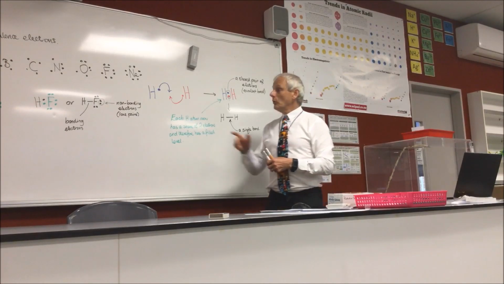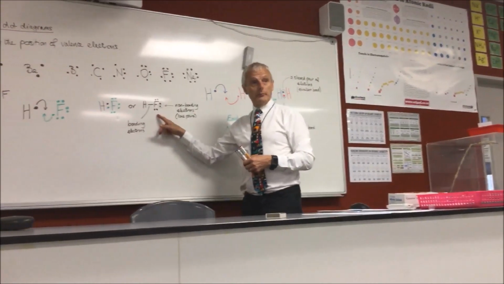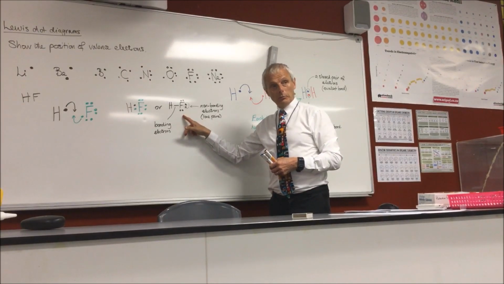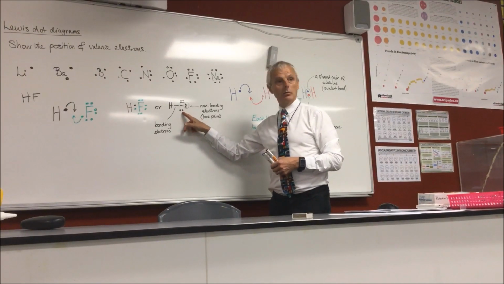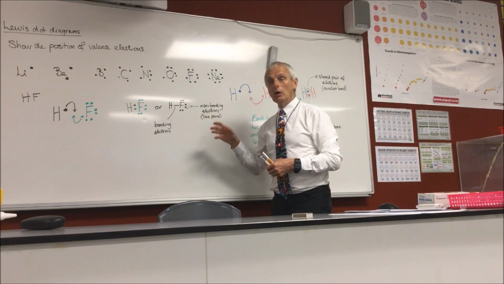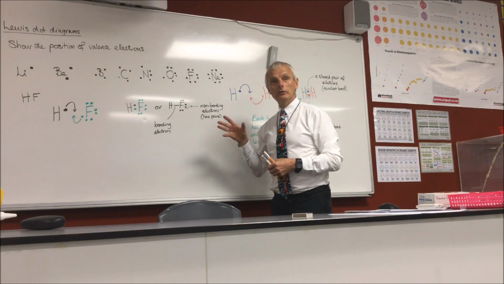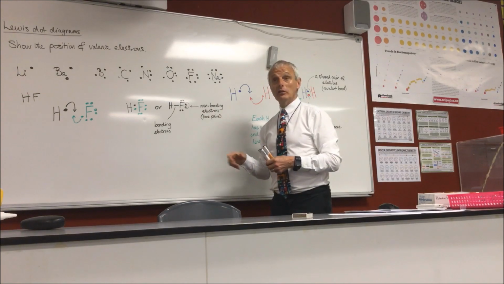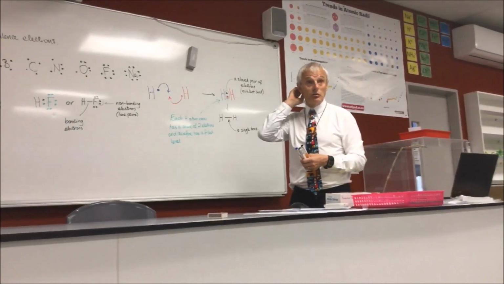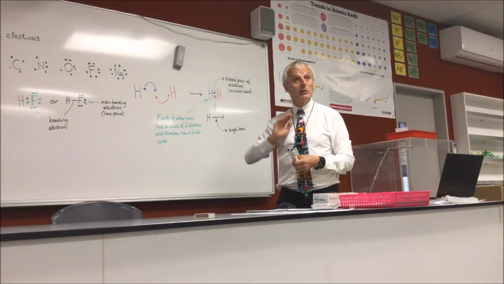Now, this is what we call a Lewis diagram. Okay? And in Lewis diagrams, you absolutely must include these non-bonding electrons. Because a Lewis diagram is telling you where all the valence electrons are distributed in a molecule. And you're going to need to know that because later on we're going to use them to determine what the shape of the molecule is.